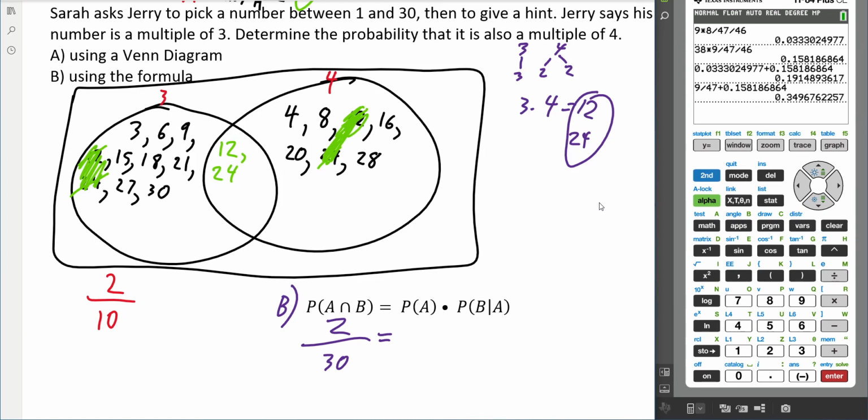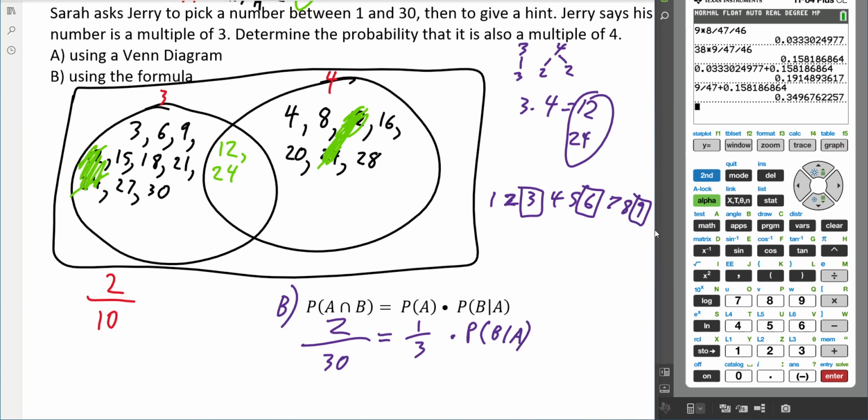The probability of A happening is 1/3, because every third number is in that set, right? You can see how every third number is in because it's just multiples of 3. And so we're looking for the probability when A has already occurred.